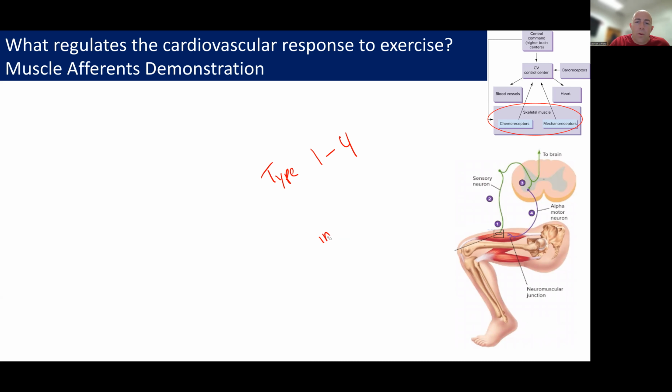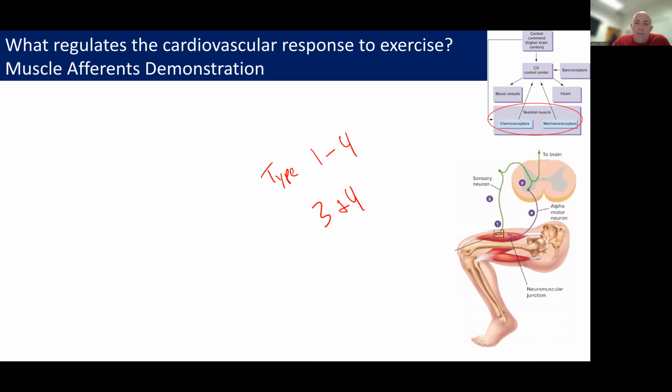More pertinent to exercise are your type 3 and 4 afferents, and these ones are embedded within the skeletal muscle, and they sense mechanical stretch in the muscle itself, and also metabolic disturbance. So if you start to get a drop in your pH, becoming more acidic, they sense it and will increase blood flow and blood pressure in response.